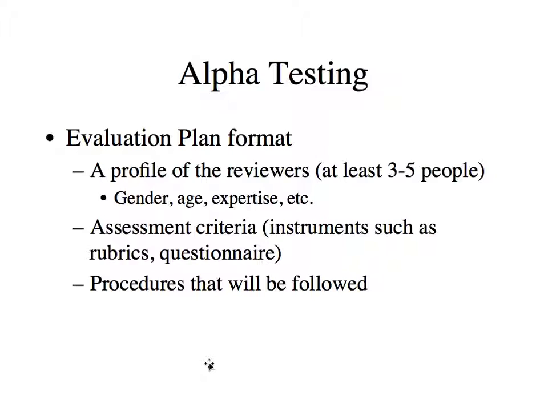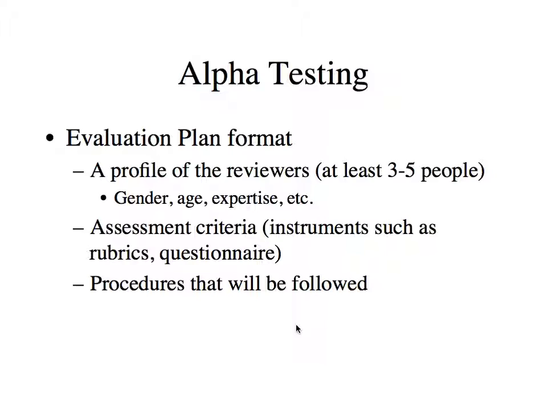Any assessment criteria, if you include any rubrics or questionnaires, most of the time on the boards, you're just getting open-ended feedback, and you're having a conversation about what it is that they got out of it. And then you also have to write up the procedures that you plan on following, and that's basically the on-the-board procedures. If you do something different with your client, you should also document that.